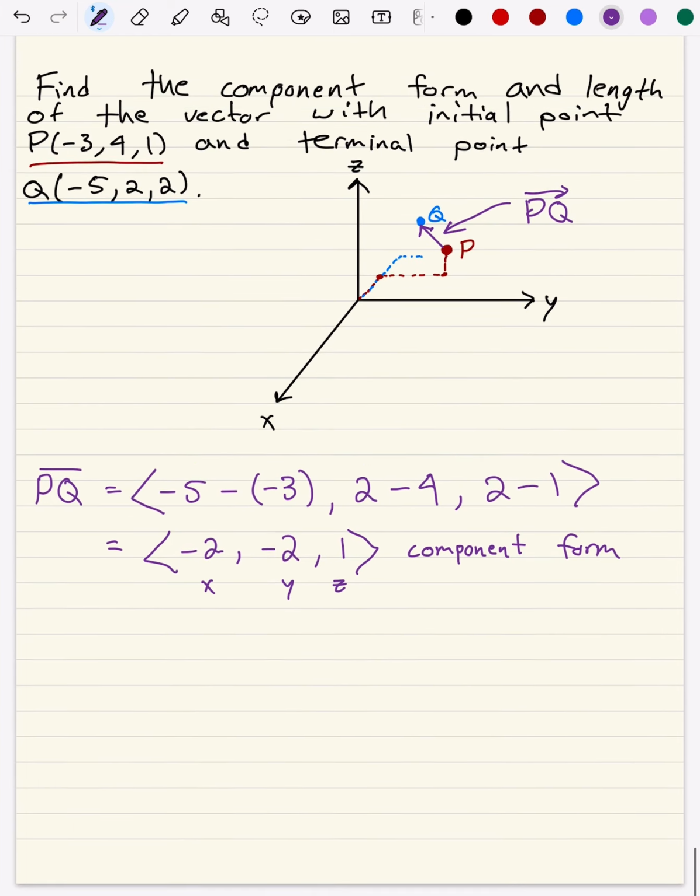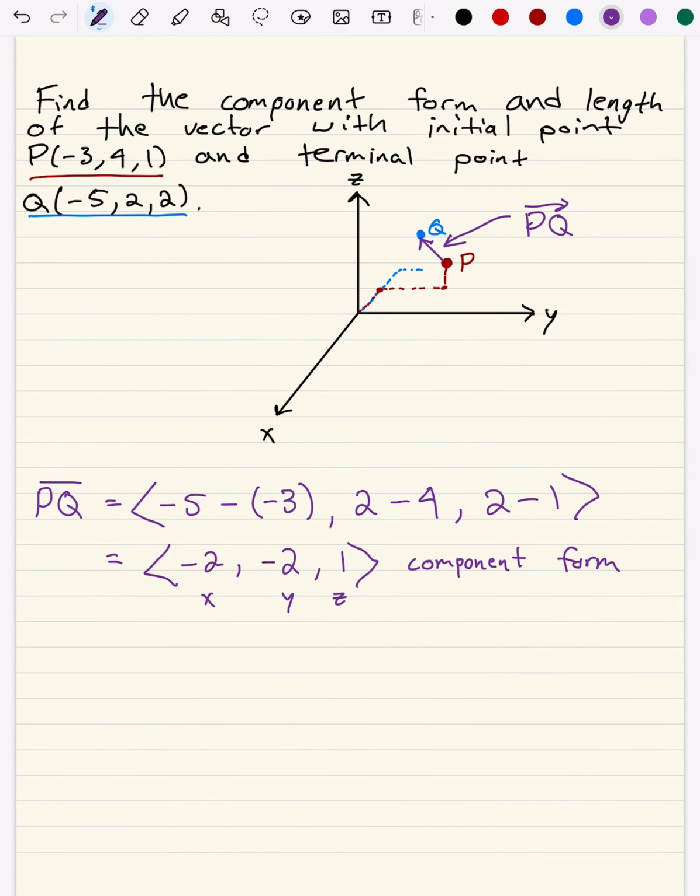So now to find the length, I'm going to use a 2D example at first to explain it if you're encountering this for the first time. Remember back to the Pythagorean theorem. You'd probably remember seeing something like this, where you have a right triangle of sides a, b, and hypotenuse c.